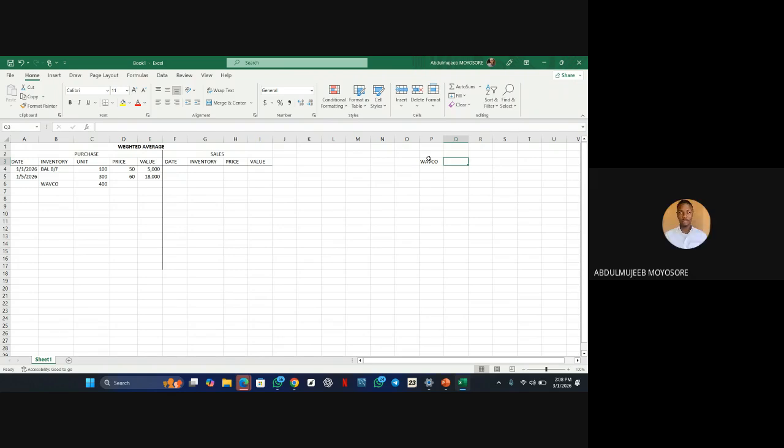What is our cost of former inventory in store? 100. Cost. Sorry, 50 naira. Plus the new inventory, that is 60. And over that will be divided by what? Number of units currently in stock, 100, plus number of new units received, 300. Now do this and let me know what's the answer.